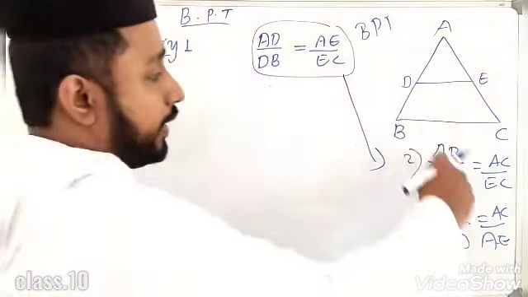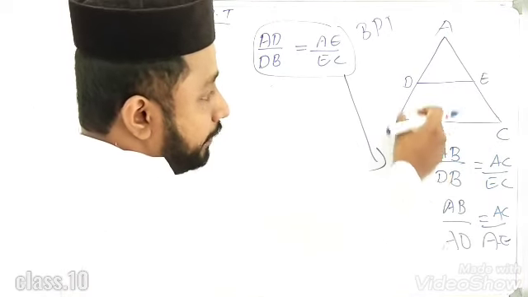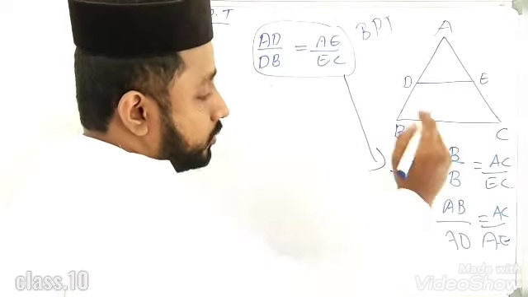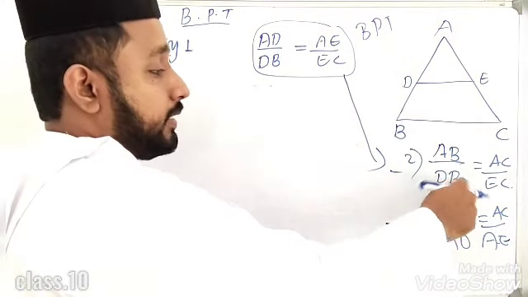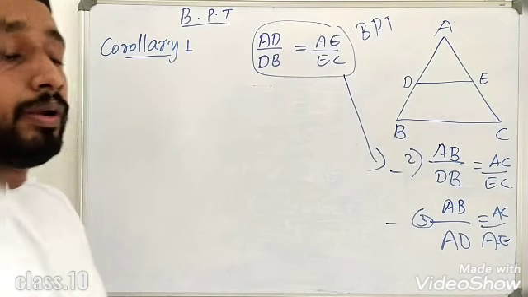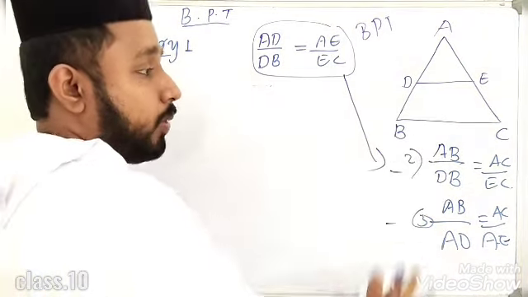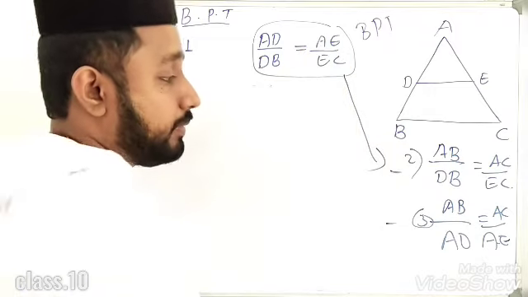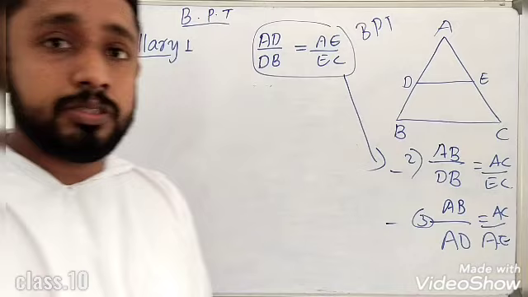Then AB by DB is equal to AC by EC is also true. We can change the letters, instead of DB we can write BD, no problem. But these are the main three corollaries, so we have to study them.